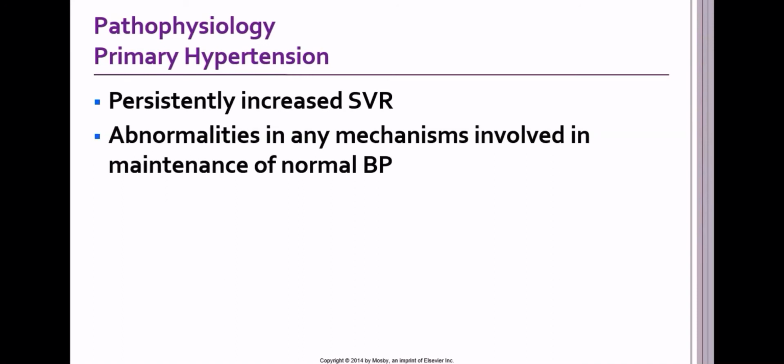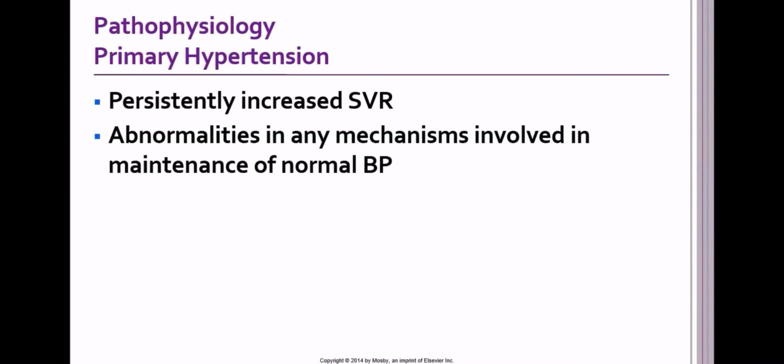So this talks about the pathophysiology of primary hypertension. So blood pressure rises with an increase of cardiac output or SVR. Increased CO is sometimes found in a person with prehypertension. Later in the course of hypertension, the SVR rises and CO returns to normal.